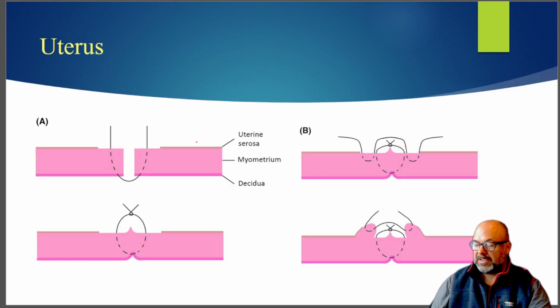So looking here at uterine serosa, which has been divided, the myometrium, and then the endometrium or decidua here with a little bit of a darker pink, we typically close with just one bite through and another coming out, doing that in one layer.